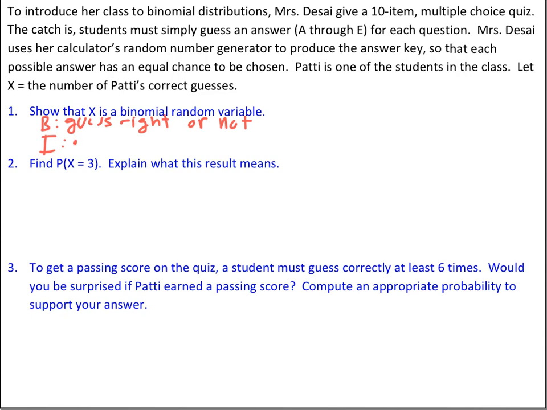If you are guessing, it seems like a safe bet that each guess is independent. And then, for n, all you need to do there is just identify the numbers. There's 10 questions, and then p, a fixed probability of success, is 1 out of 5.